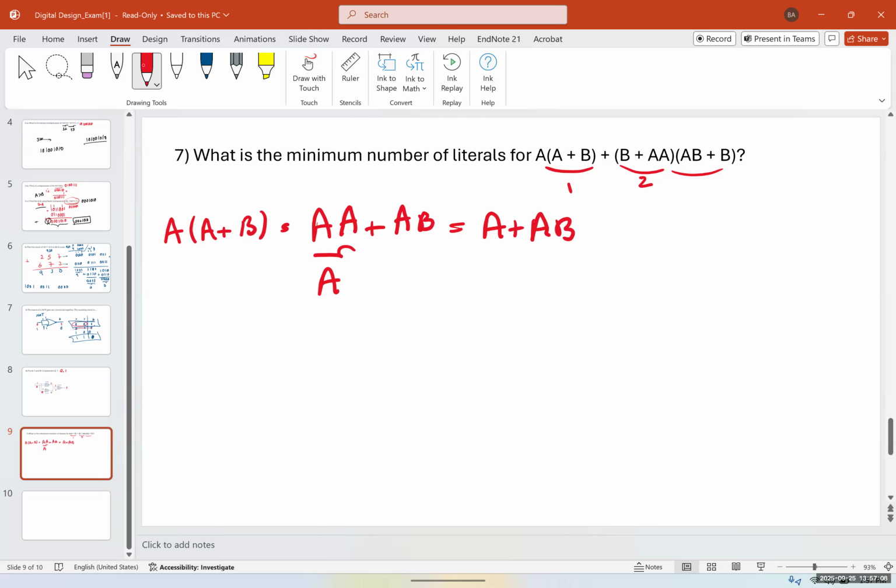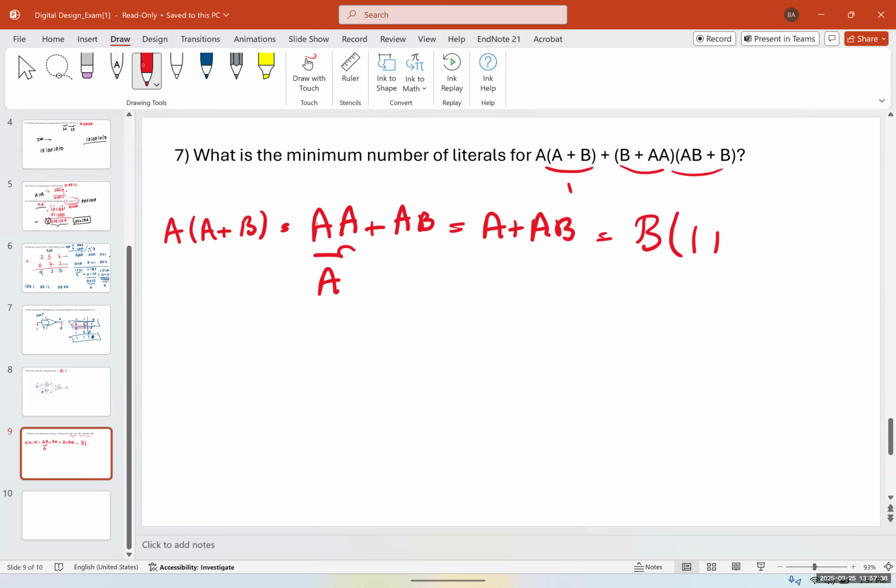Am I correct? Can I write it like this? A times 1 plus B. What is 1 plus B? And what is A times 1? I'm sorry, I did it for the second one. A plus AB, we can take out A.